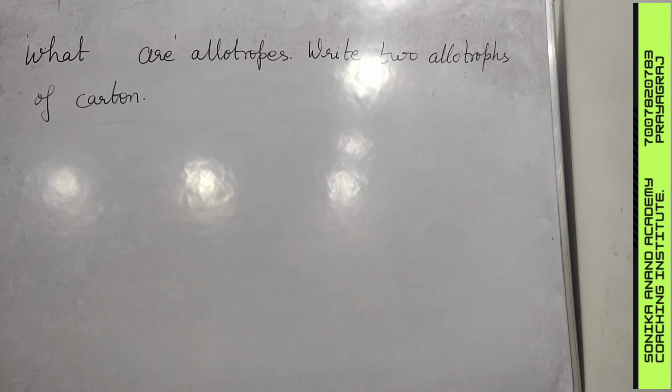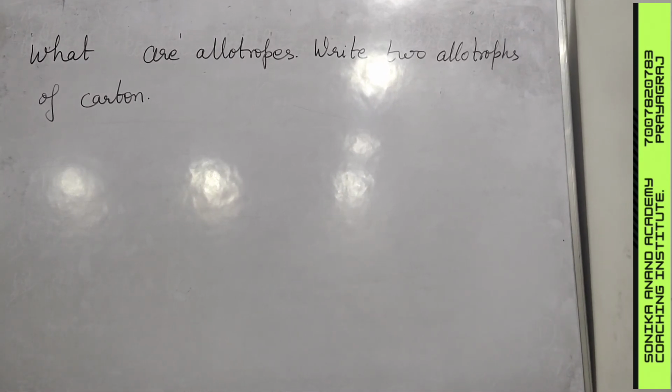Now one more important question which is generally asked in the board examination: What are allotropes, and write 2 allotropes of carbon? That means you have to learn the definition of allotropes, and I'm going to give you a glimpse of that.